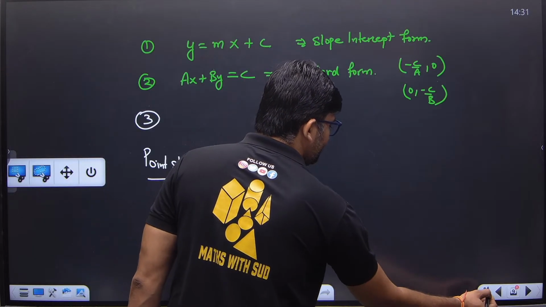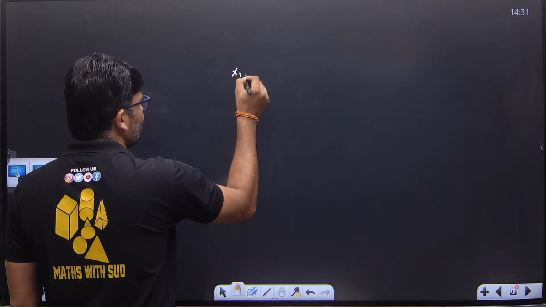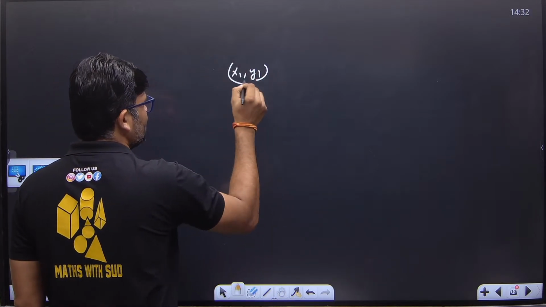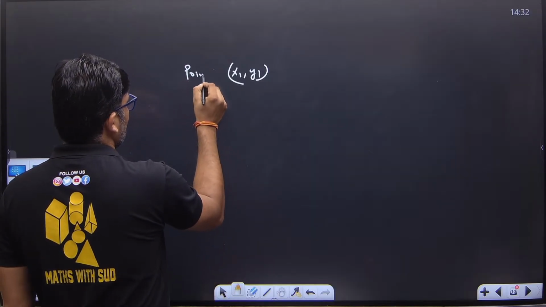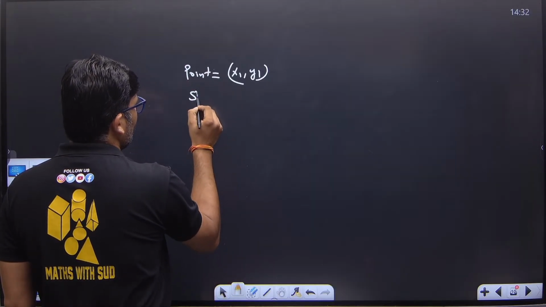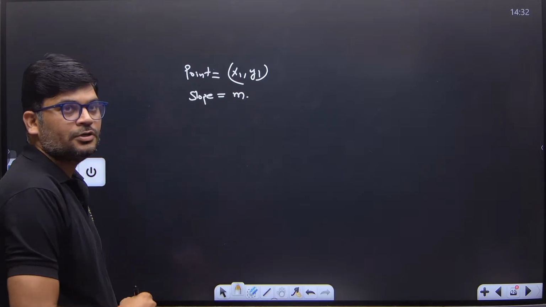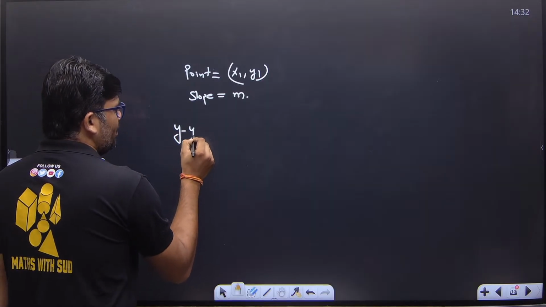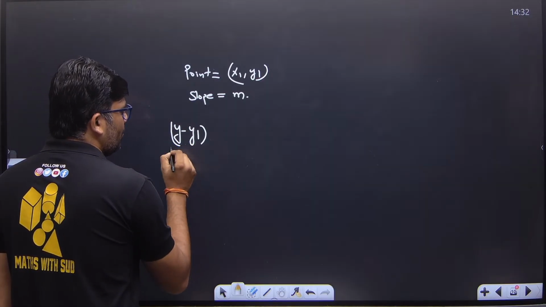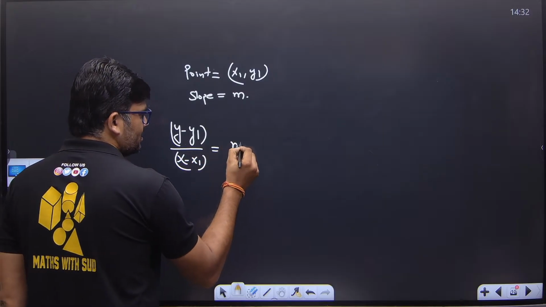So let us take some general point. Let us say the point given is x1 comma y1 from where the line is passing through. This is the point, and the slope given to us is m. So the equation of the line will be y minus y1 upon x minus x1 is equal to slope, that is m.